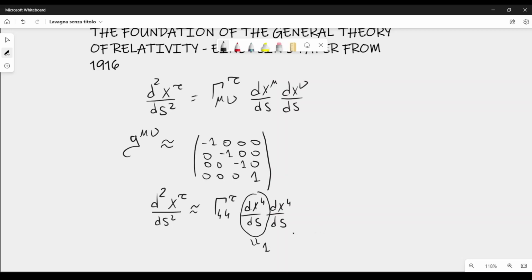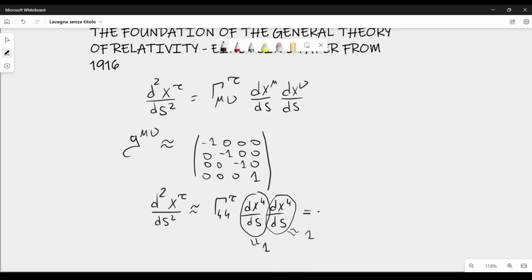This is approximately 1, and this is also approximately equal to 1. Whereas the other derivatives, dx3 over ds, dx2 over ds, dx1 over ds, are negligible and much smaller than this derivative here, dx4 over ds. So they are much smaller than 1.